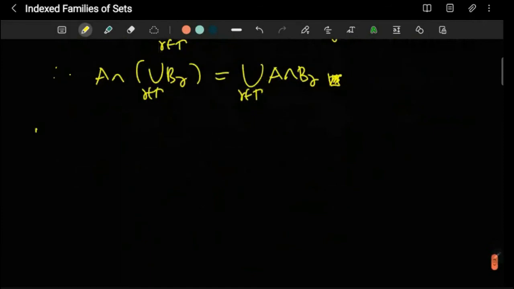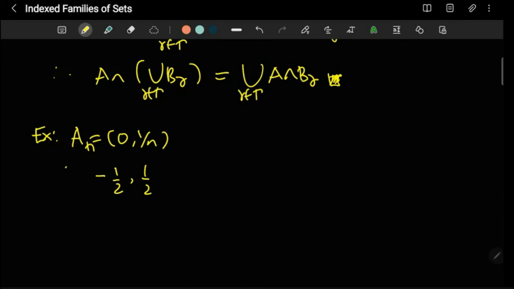For example, remember our set from a while back, the set 0 to 1 over n, A sub n. A sub n is equal to 0 to 1 over n. So what if we want to get the intersection of 0 to 1 over n with, let's say, A equal to negative 1 half up to 1 half.